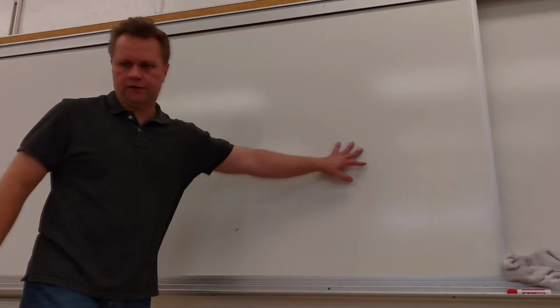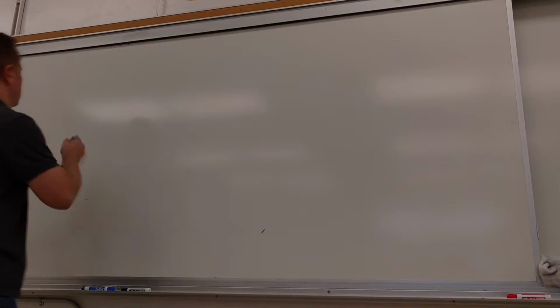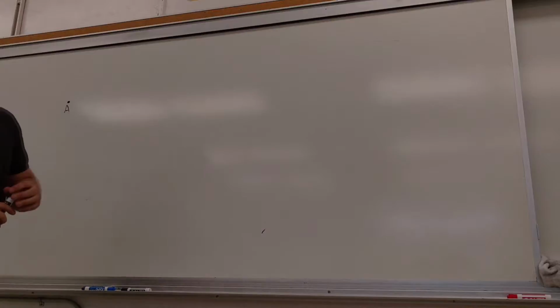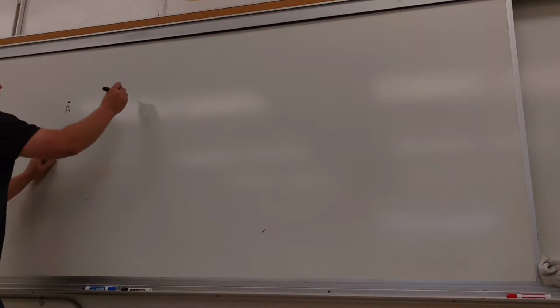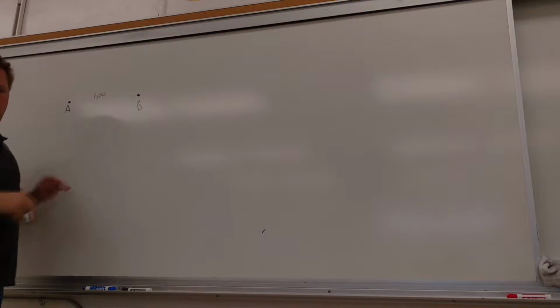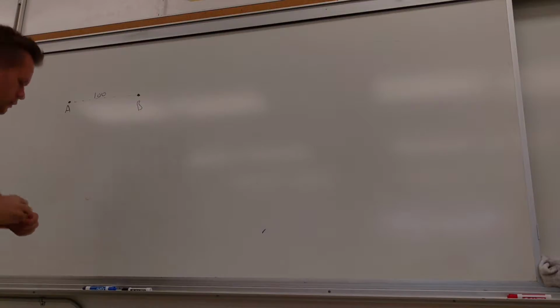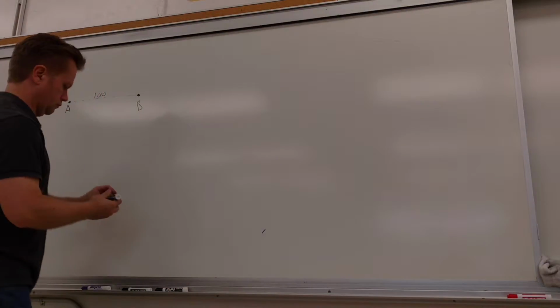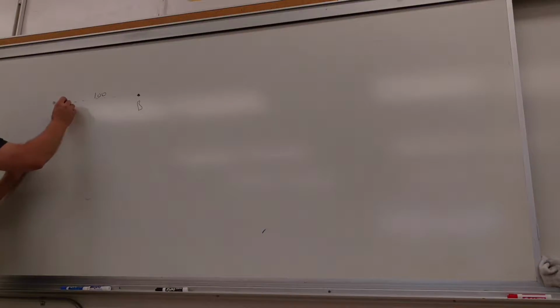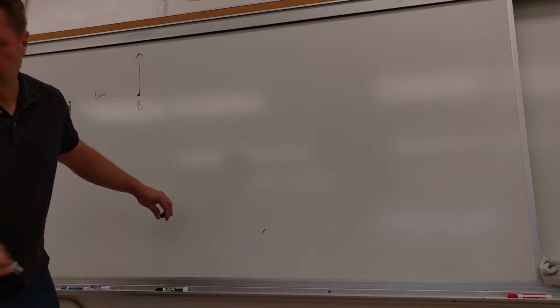This one, I think we set this up a little bit. At noon, Ship A is 100 kilometers west of Ship B. Ship A is sailing south at 35 kilometers an hour, and Ship B is sailing north at 25 kilometers an hour.